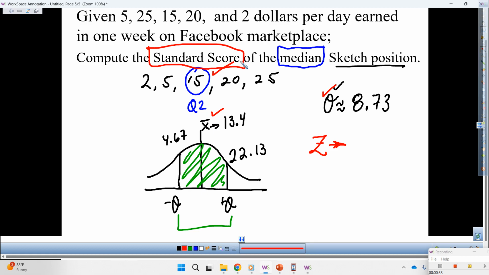All right? So, let's see. Brandon, pass them on. Z-score. Max, what'd you get? Z-score of 15 is 0.18.